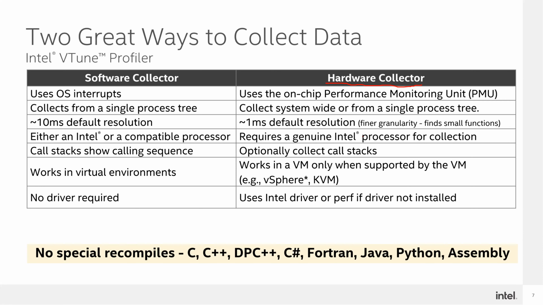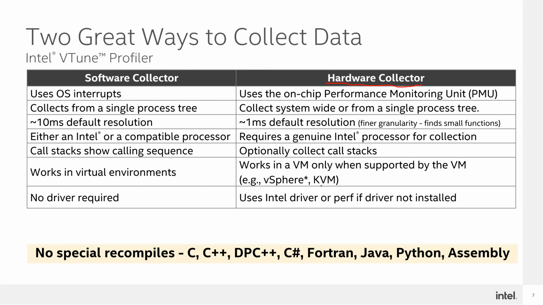So this requires a genuine Intel processor for collection, and you can collect stacks, but you have to switch it on in the configuration diagram. So it works also with VMs, for certain VMs.